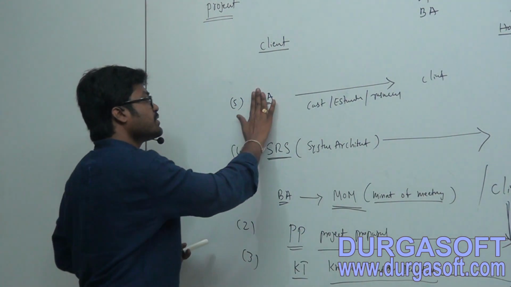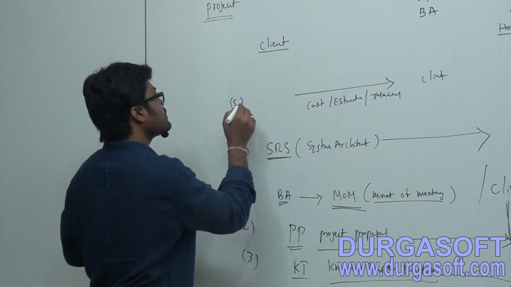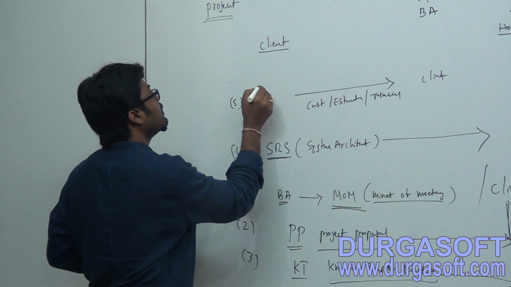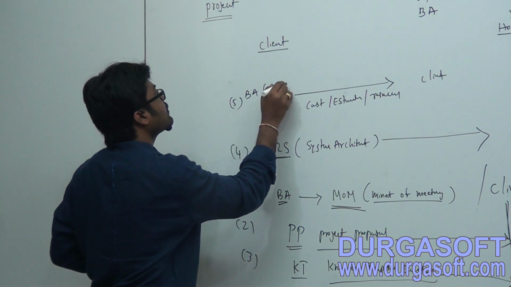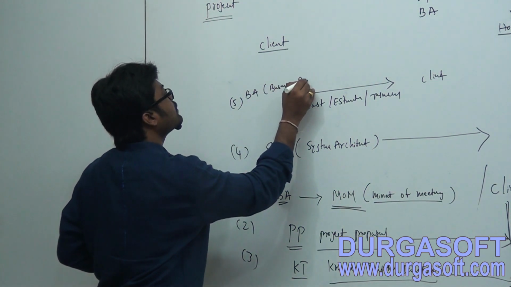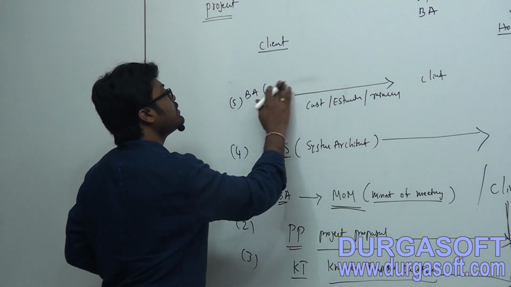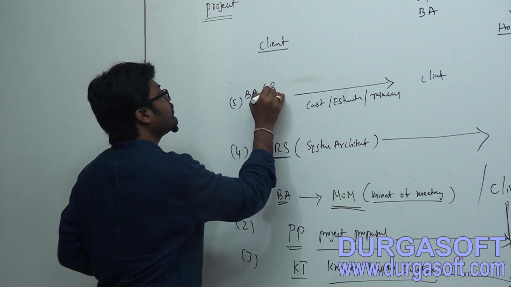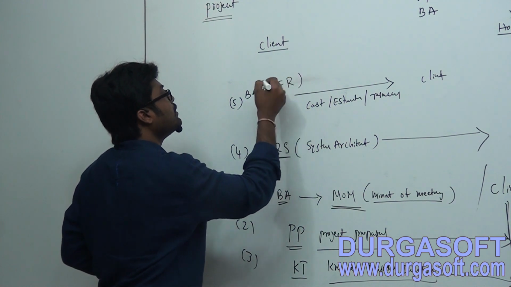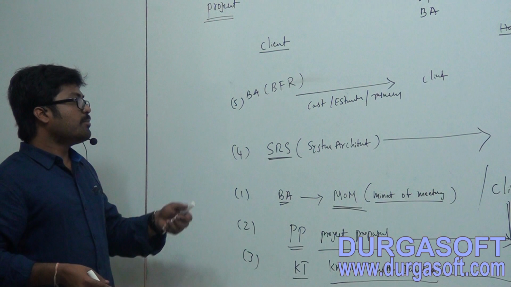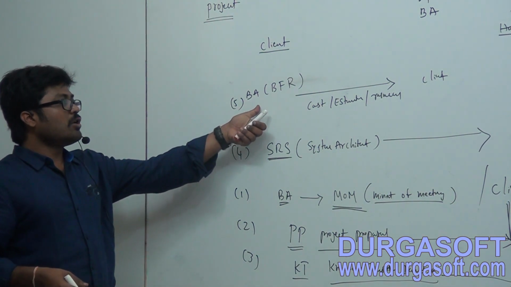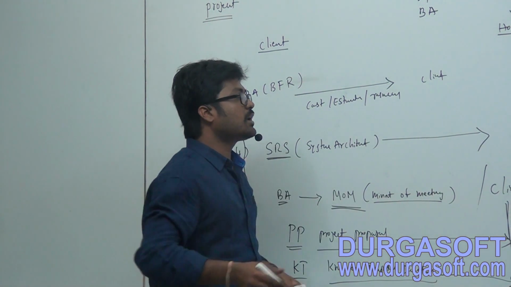They will prepare one document, the business resource documentation. Through that, the BA will send the business resource and billing. We can call it BFR, business functional requirements. Again they will prepare one business functional requirement documentation, and they will send that to the client people.